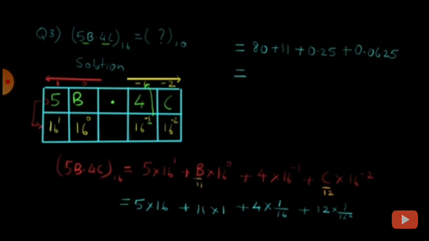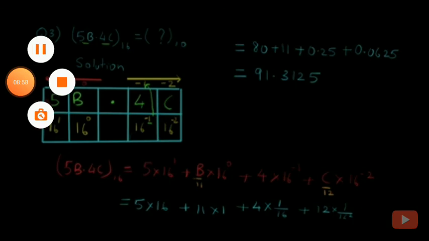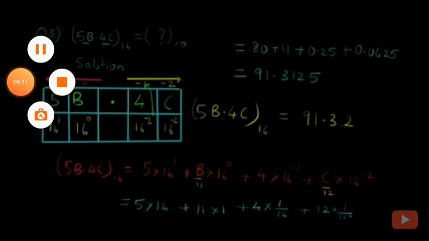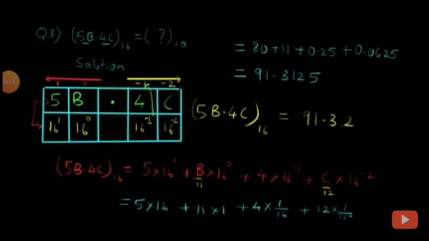So the final answer would be 91.3125. So 5B.4C in hexadecimal is equal to 91.3125 in decimal.